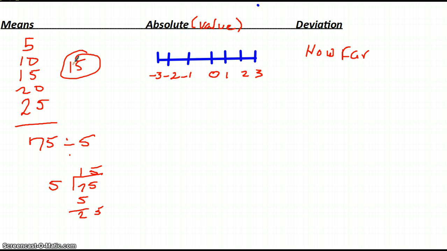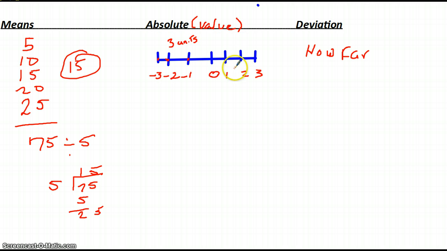Then what about absolute? In this situation, we're talking about absolute value. So if I set up a number line and I have 0, 1, 2, 3, and -1, -2, -3, and I ask you, how far is -3 from 0? You would count 1, 2, 3, and we say it's 3 units.